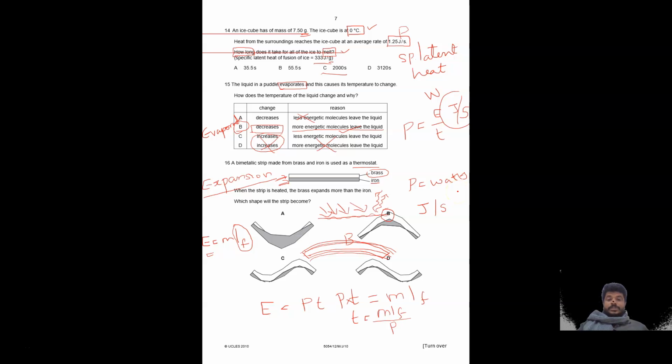This is a repeated question. Question number 16 is a repeated question. Most of the questions are repeated, so you need more practice. Question number 17: when a refrigerator is switched on for the first time, the air surrounding the ice box is cooled.